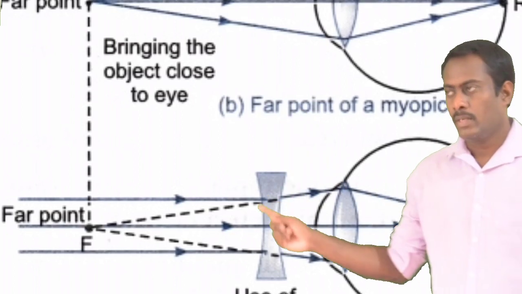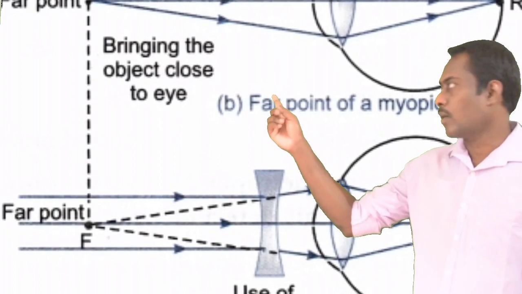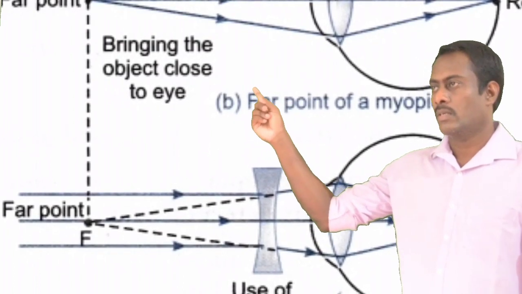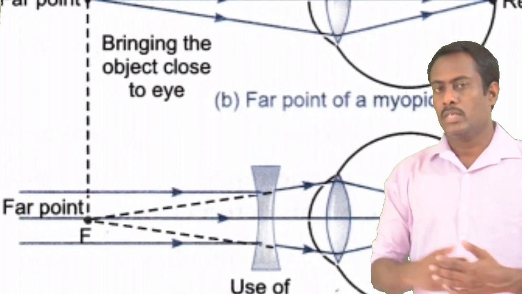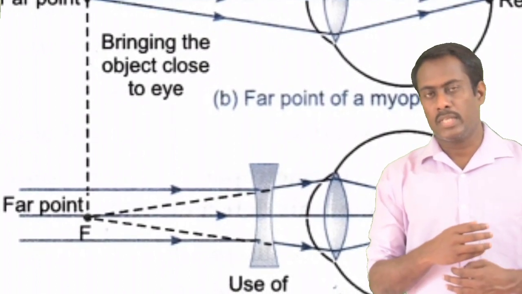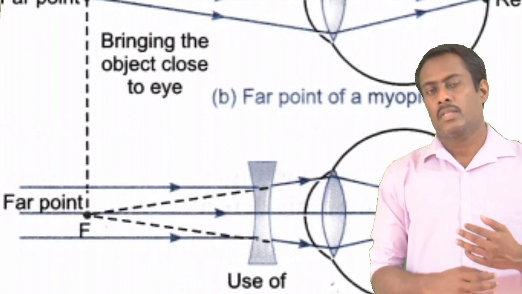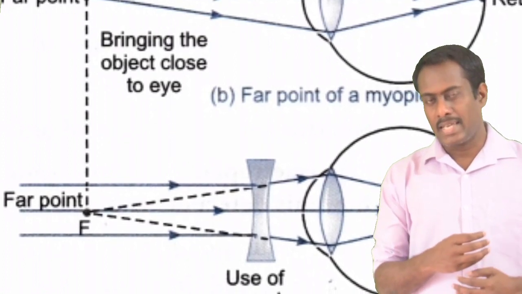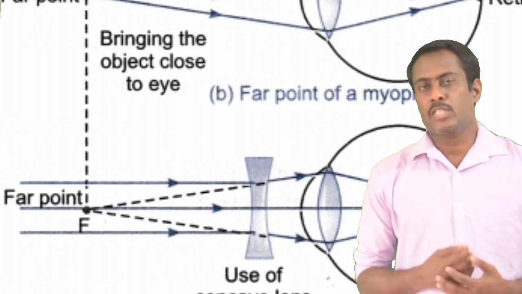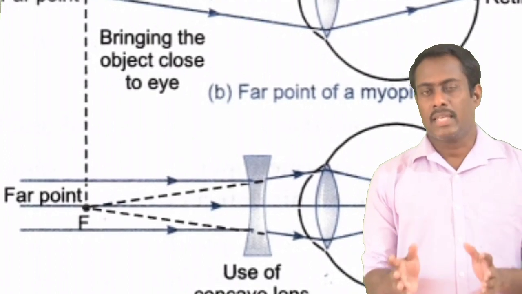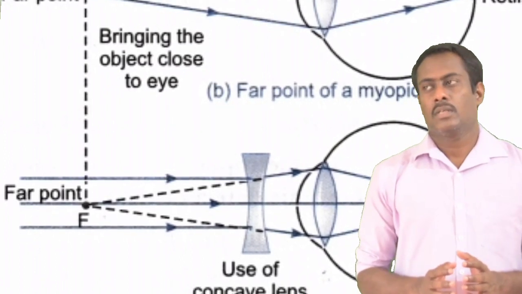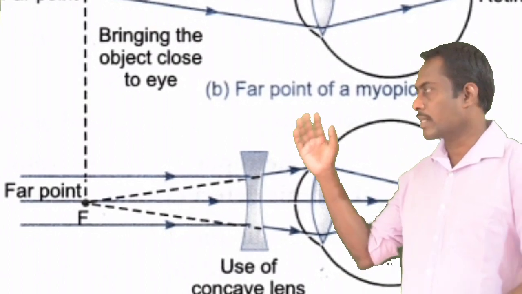So here we can see how a myopic person produces the image. Because of the elongation of the eyeball and the excessive curvature, the eye cannot produce a clear image on the retina.